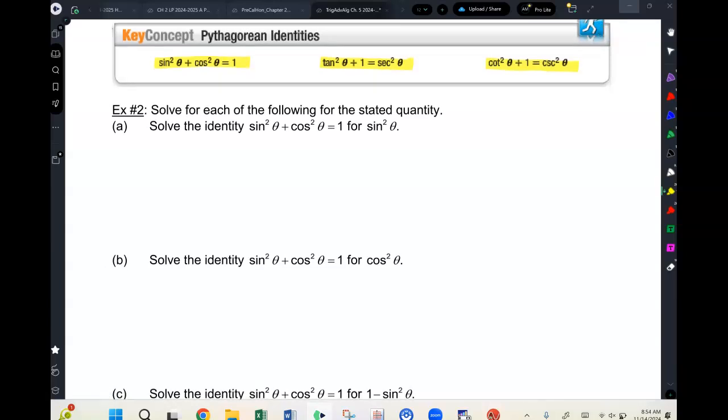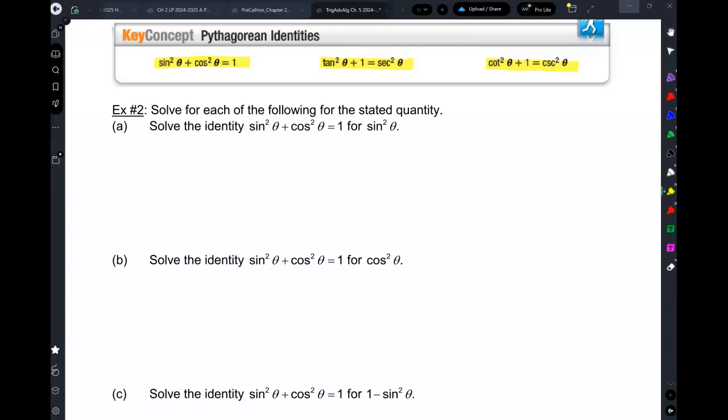Okay, so now these Pythagorean identities are not like solidified entities, right? It's not like sine squared plus cosine squared equals 1 is a solid rod that you can't move around.